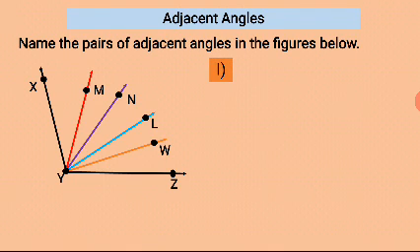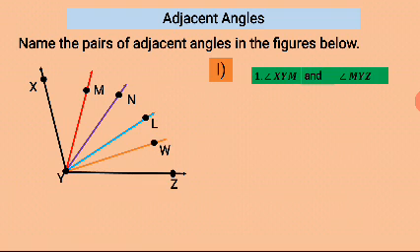So first we take common arm YM. Using YM, we write different pairs. That is, first pair, angle XYM. Observe carefully. YM is a common arm, so we take another angle MYZ.